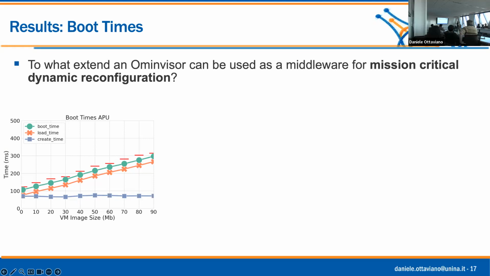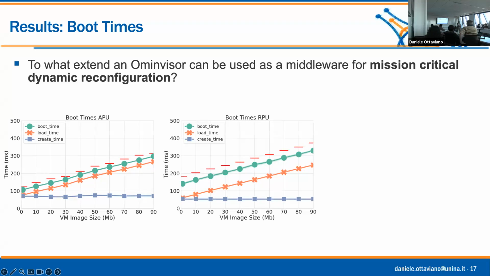If we do the same experiment by launching code on the RPU, we see that the results are very similar to each other. What we can say here is that the time scale is the same, but there are a few differences. First of all, the creation time is faster, because we don't need to program the MMU for this specific virtual machine, as it doesn't have one.